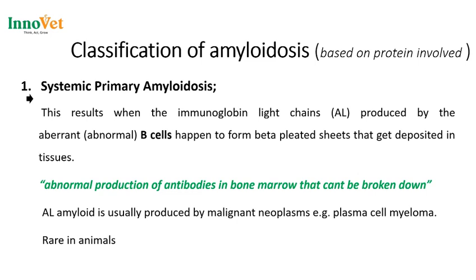These proteins will be called AL amyloid, and are usually produced by malignant neoplasms such as plasma cell myeloma. This one will affect the bone marrow and lead to production of this AL amyloid. We should keep in note that this type of amyloidosis is rare in animals.